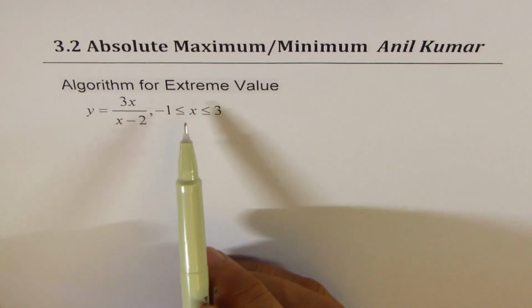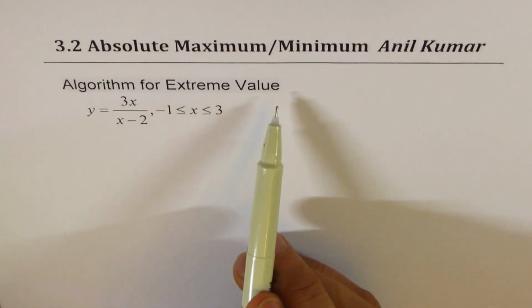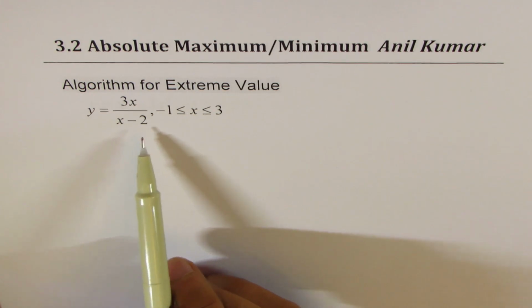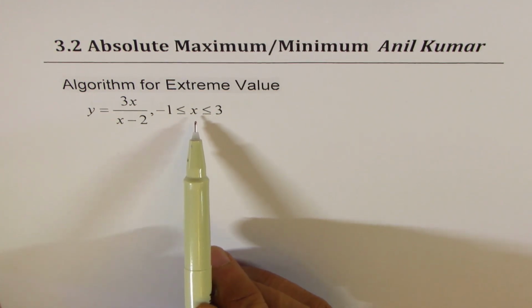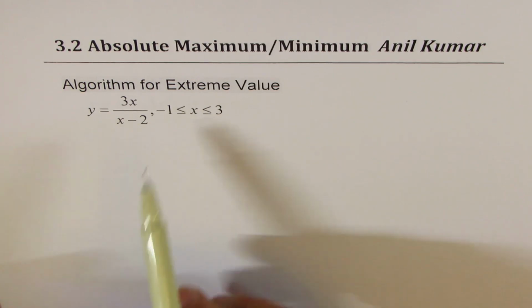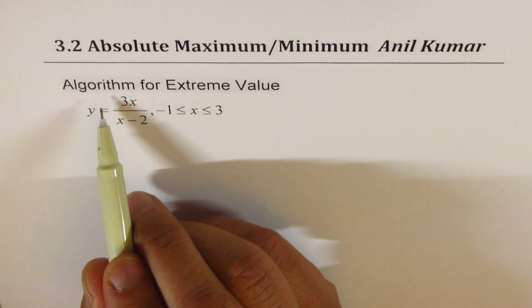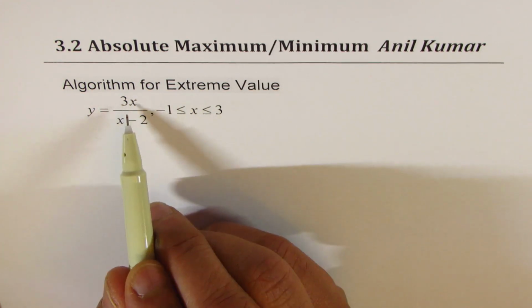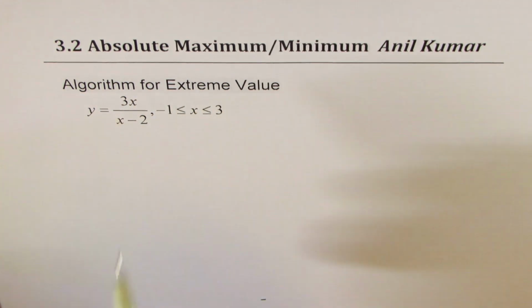Now the question here is, algorithm for extreme values. We are given a function y equals 3x over x minus 2, x is between -1 and 3. So let me first develop or write down the algorithm which we figured out just in the last example.